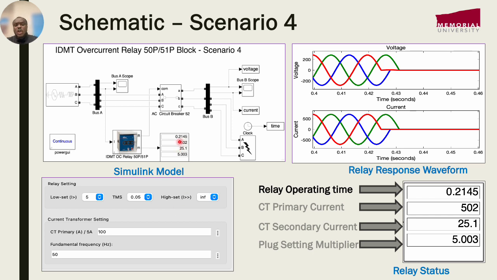It remained constant. It means that irrespective of how high the current may be, the trip response time remains constant. Scenario 4 ascertains the fact that we would get a definite response time after a certain period.